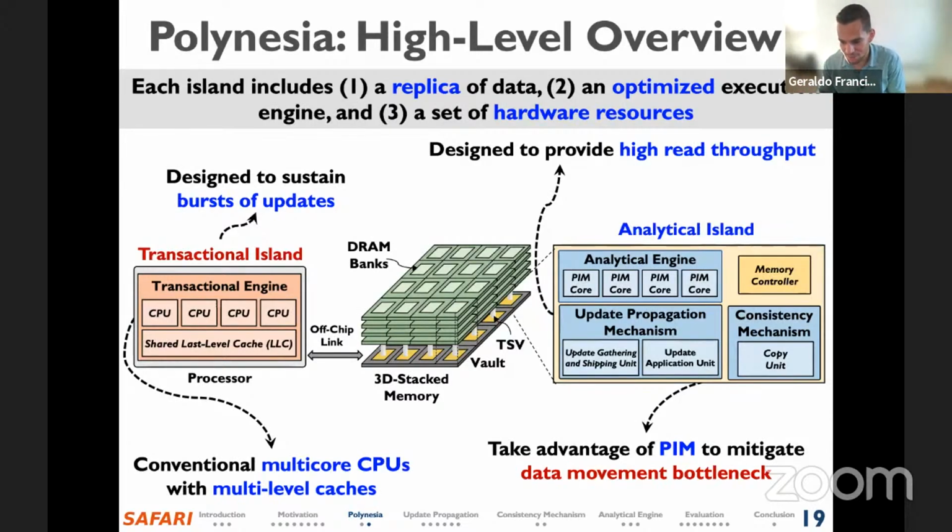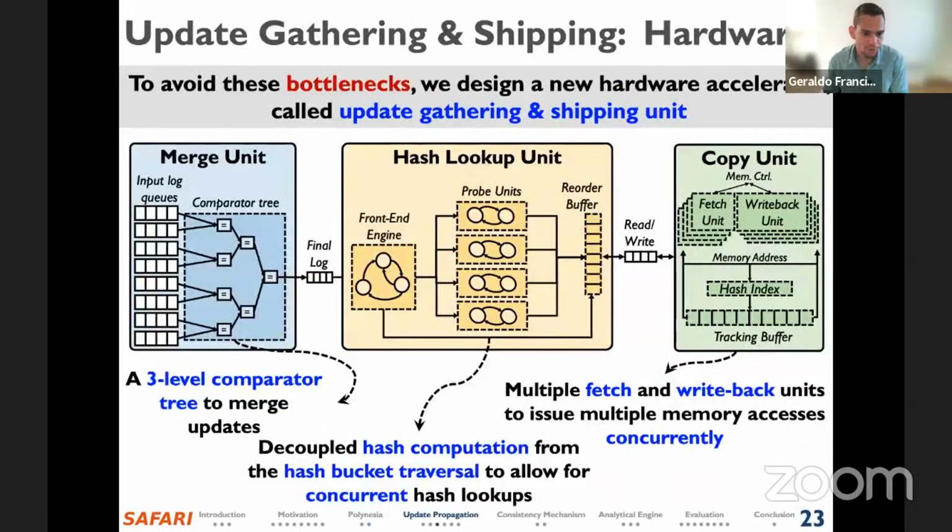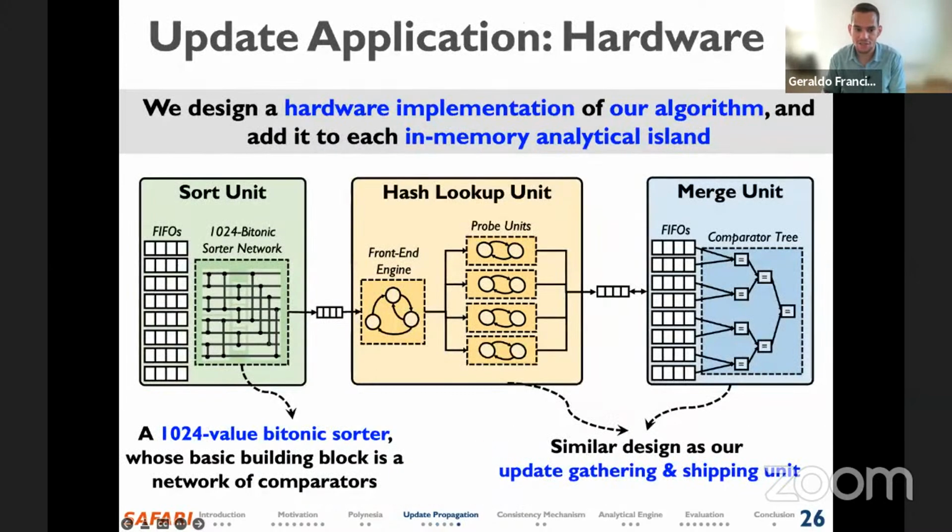I didn't mention in the presentation, but the design of the engines is a little bit different. Here is the update gathering and shipping. Here we have, for example, this reorder buffer that is really important to maintain the throughput of the hash lookups for update gathering and shipping. But for update application, we don't need out-of-order execution. Here we are not looking at all of the possible locations of a transaction's updates in an analytical replica, where the space is really large.